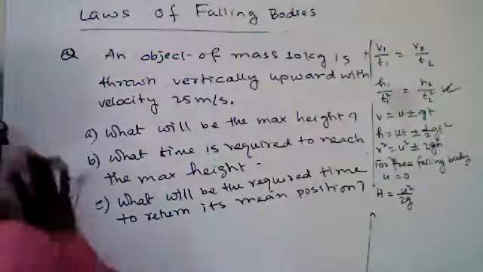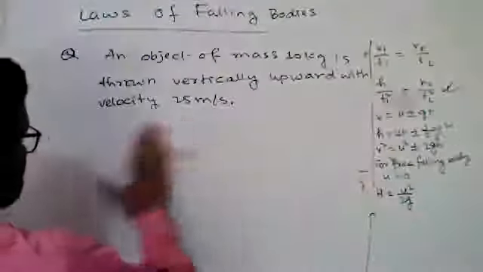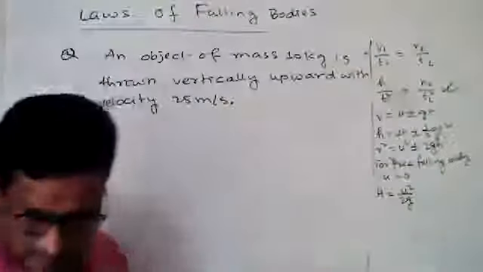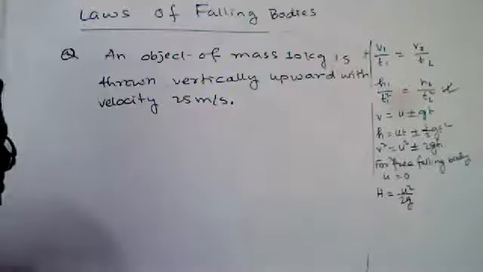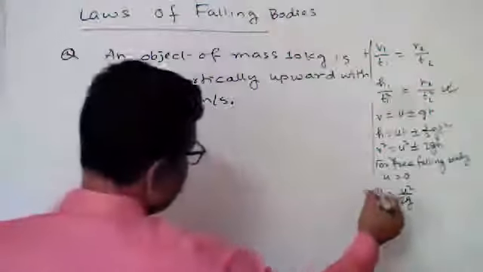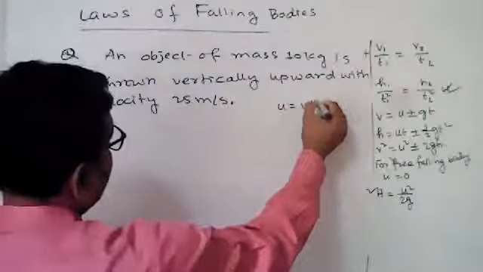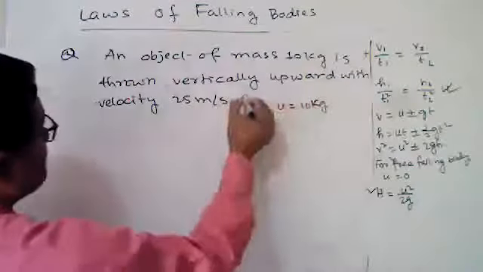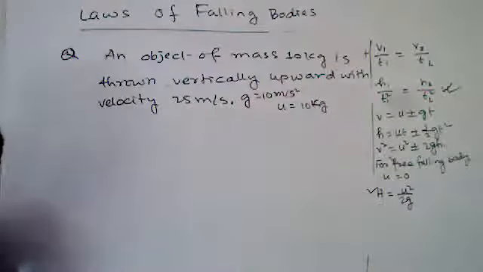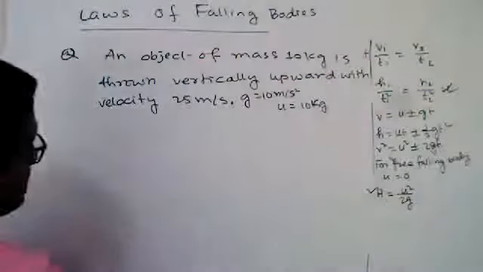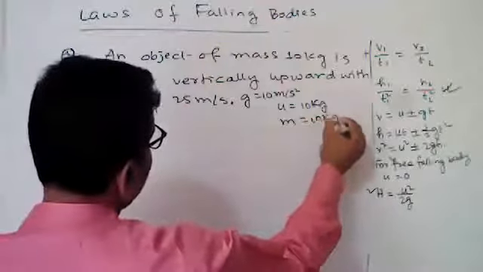Okay. What will be the maximum height? We know the equation of maximum height, h equals to u square by 2g, where u equals to 25 meter per second, and suppose g equals to 10 meter per second square. The mass m equals to 10 kilogram.